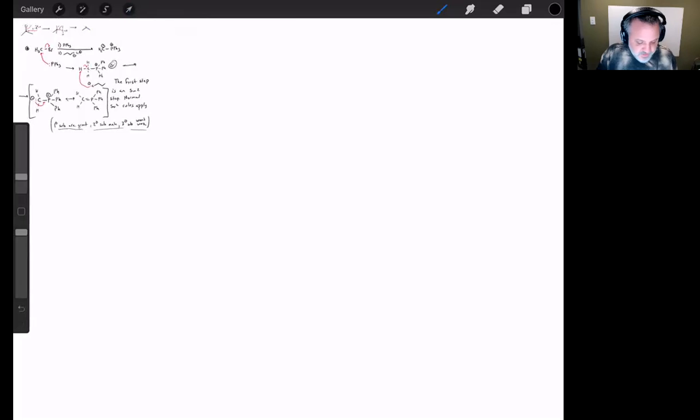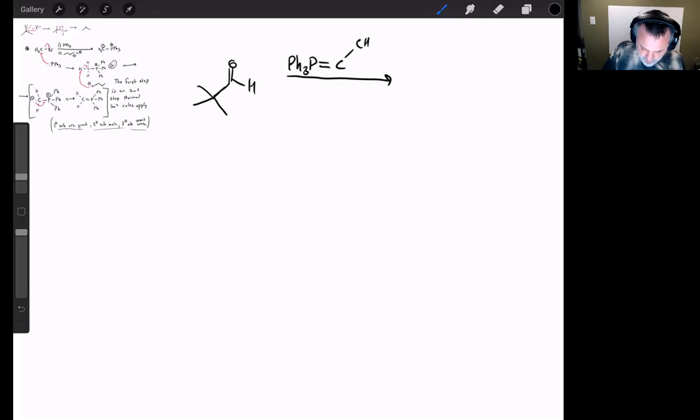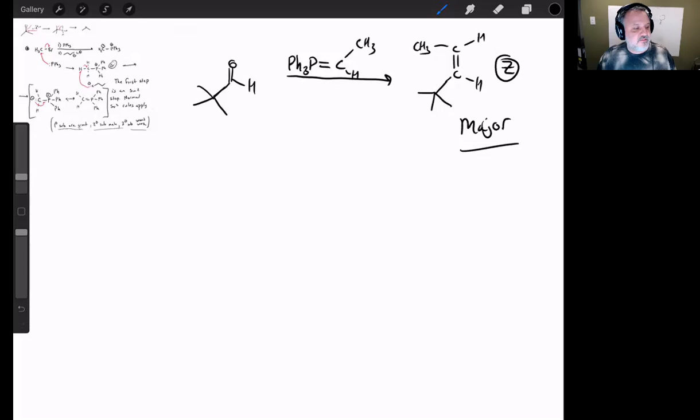Now, there is some stereoselectivity that's involved. For most basic situations, we'll observe the Z stereoisomer as being the major product.